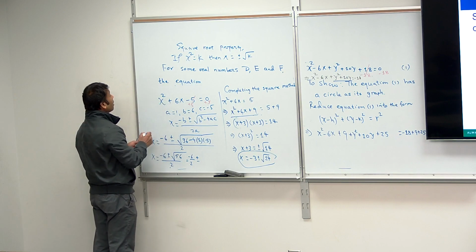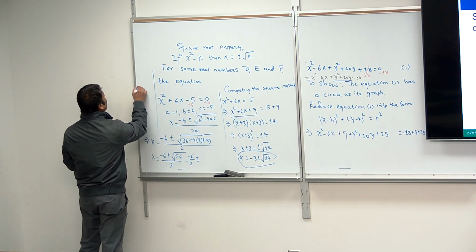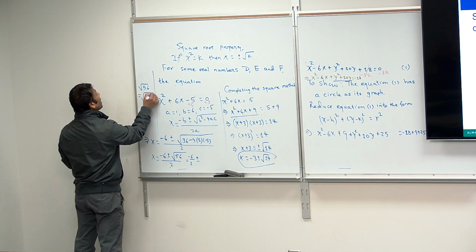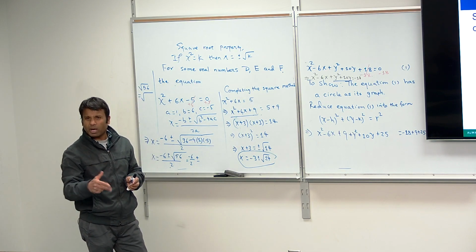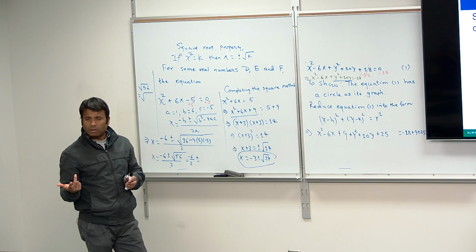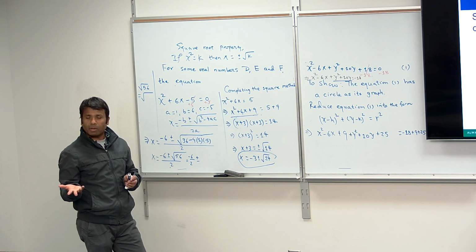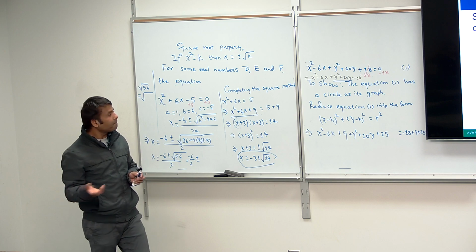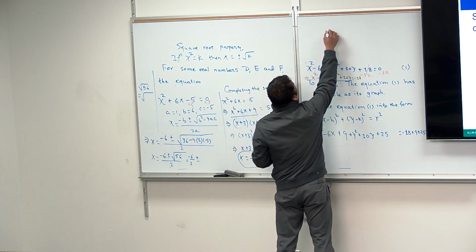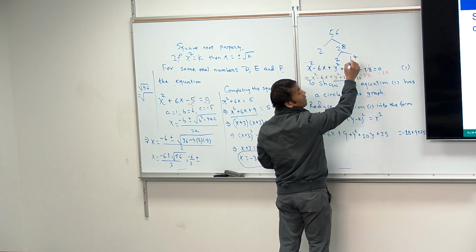And remember this radical 56? You can simplify radical 56. Can you write 56 as a product of a square number and a non-square number? 7 and 8, but 7 is not a square and 8 is also not a square number. 2 times 28, 2 times 14, is that right?